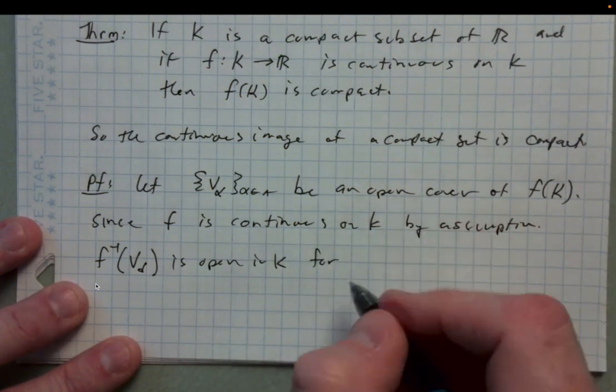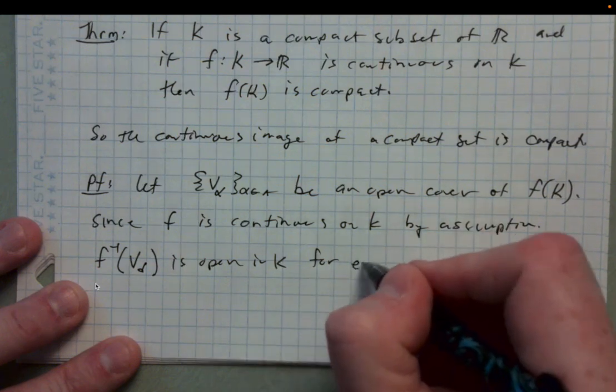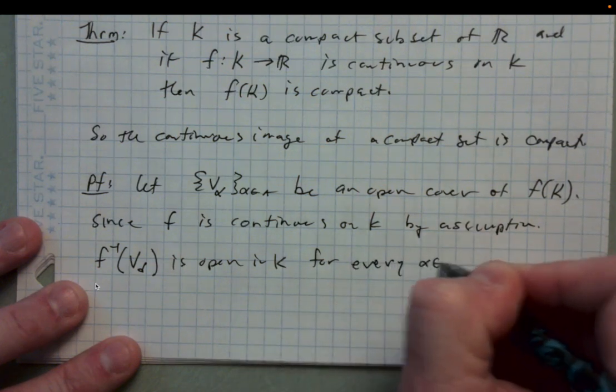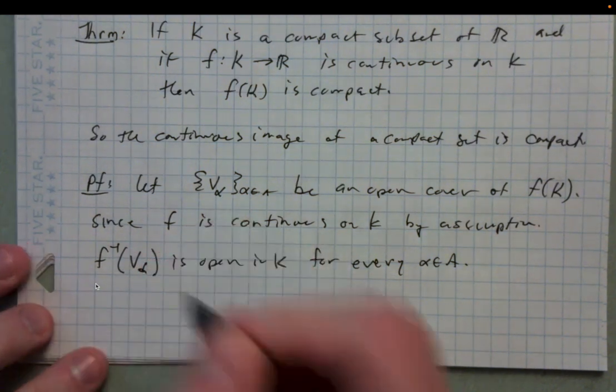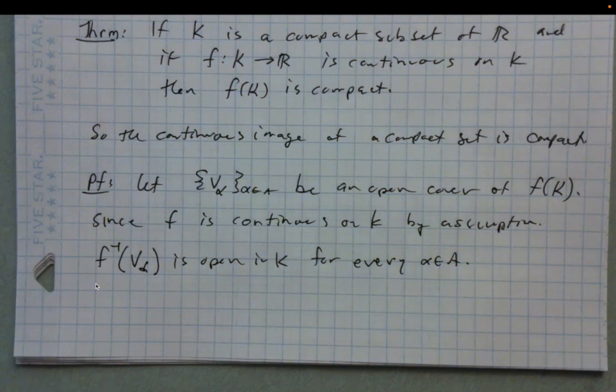This is the previous theorem, the topological characterization of continuity. So f is continuous on K by assumption. That means the inverse image of each of these V alphas is open in K.